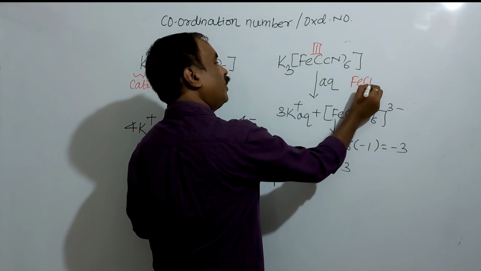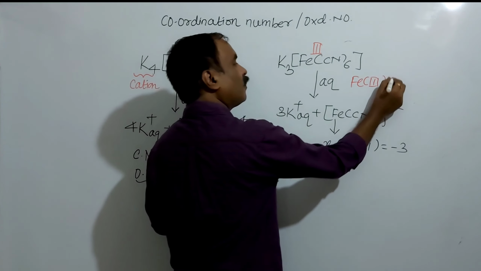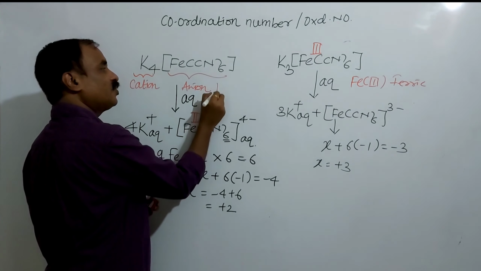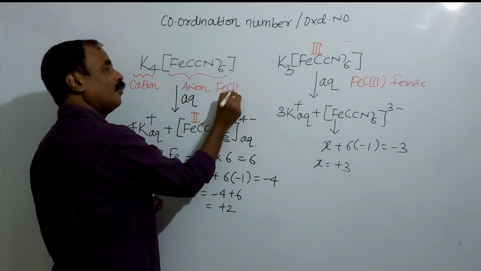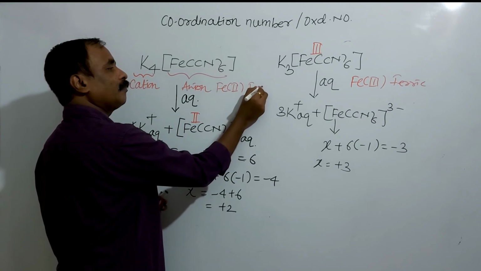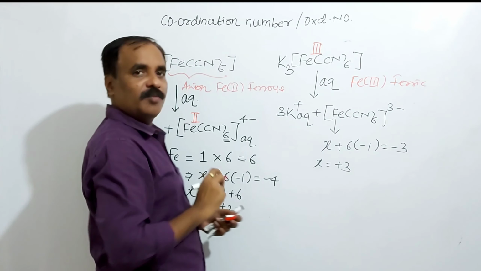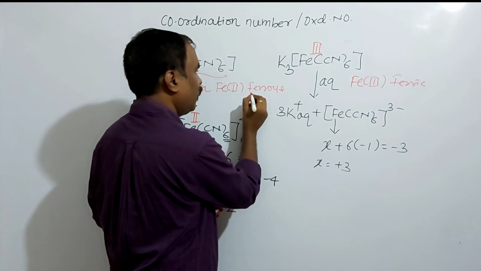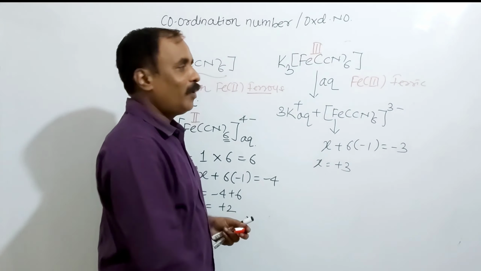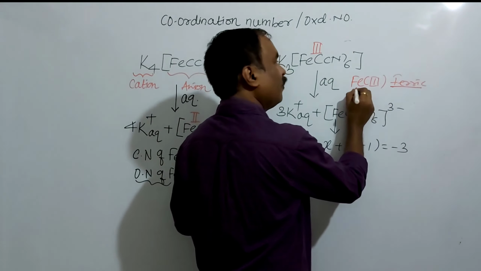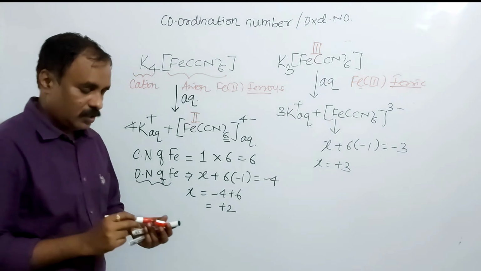Fe+3 is said to be ferric, and Fe+2 is said to be what? Ferrous. That is why the common name of the earlier compound is potassium ferrocyanide, and the common name of this complex compound is potassium ferricyanide. Ferri and ferric. Isn't it?